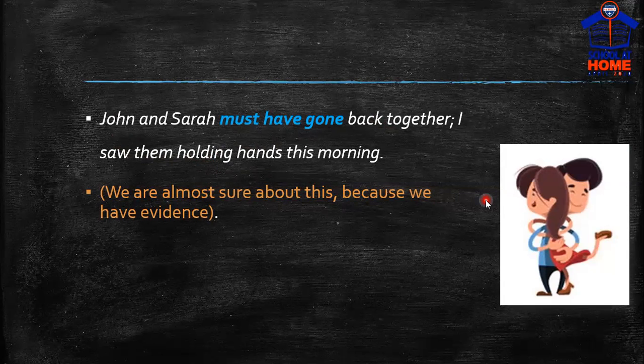So we don't know if that is true. We don't know if it's something correct, okay? But we are almost sure because we have the evidence, okay? They were holding hands, maybe that means that they got back together. So they must have gone back together because we are assuming that.